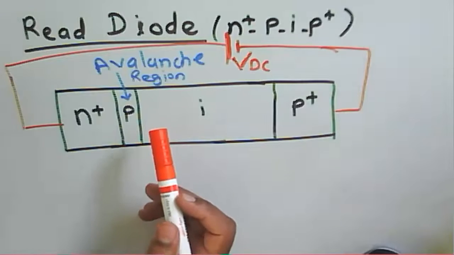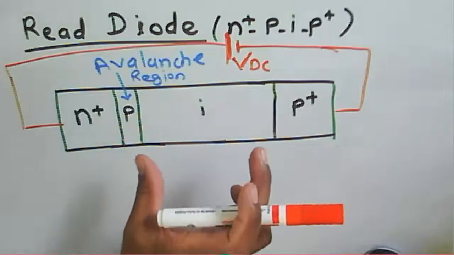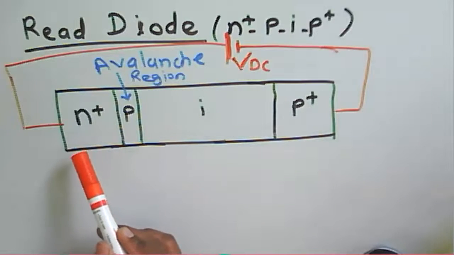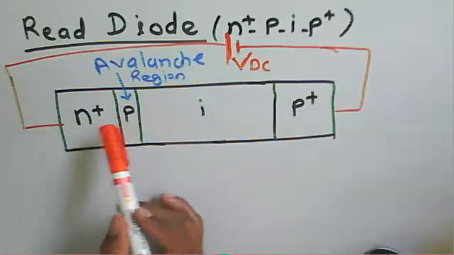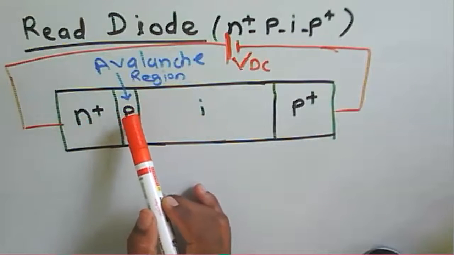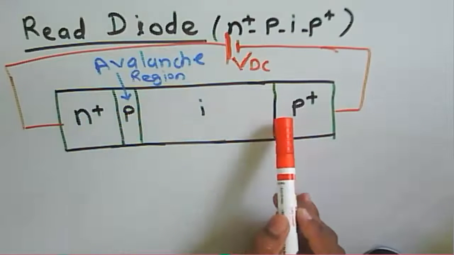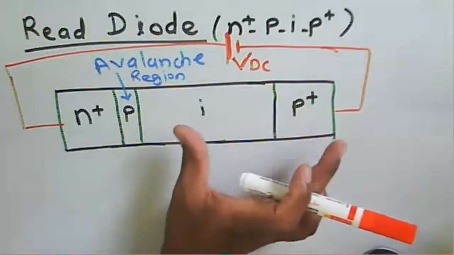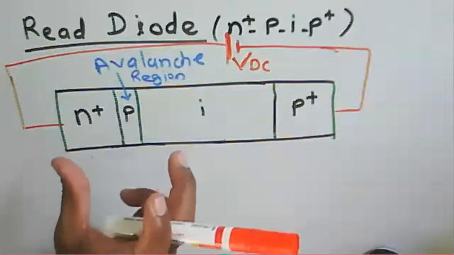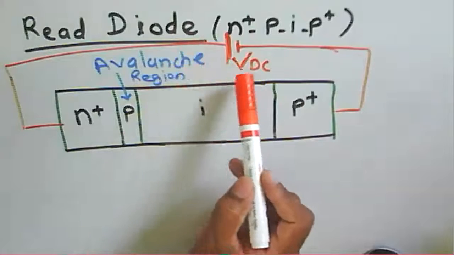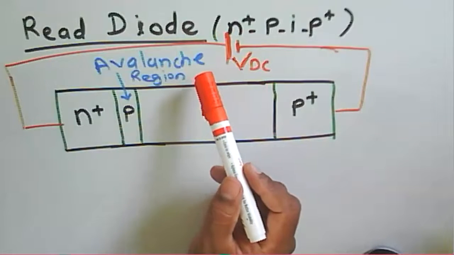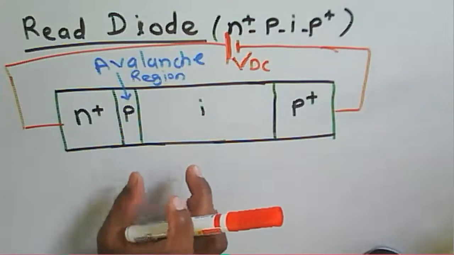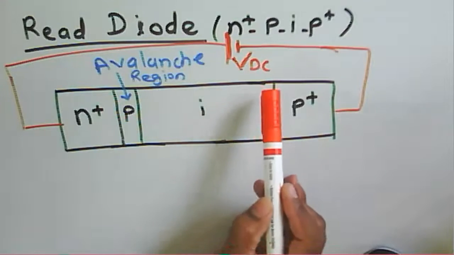If a reverse bias more than the breakdown voltage is applied to this diode, the holes drift toward this P plus region. This is the drift region, or space charge region. If the reverse bias applied is above the breakdown voltage, then the space charge region extends from this junction to the I-P plus junction.